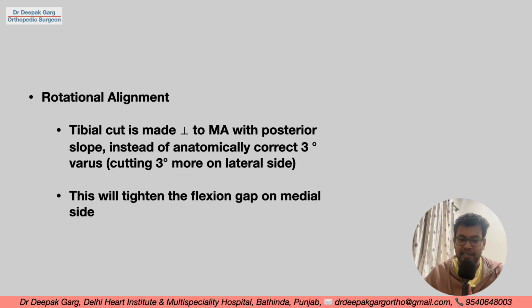So when we are cutting in a slope, that means we are cutting 3 degrees more bone on the posterolateral side. So this relaxes or increases the gap on the posterior lateral side, and this will lead to gap tightening on the medial side. Now this is difficult to balance.